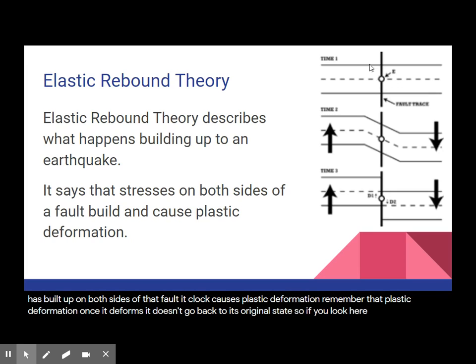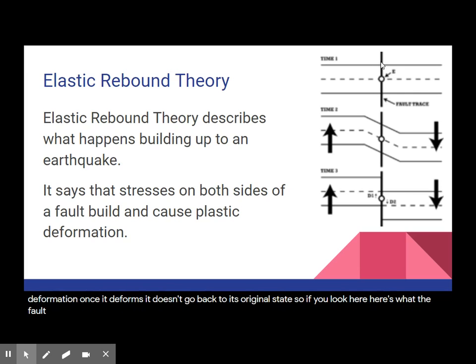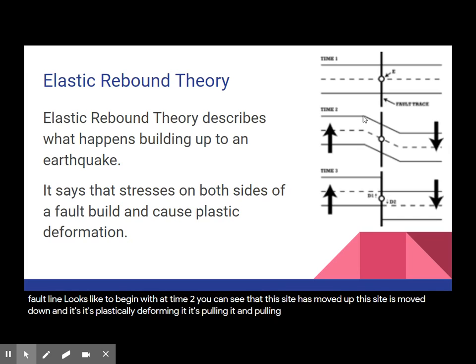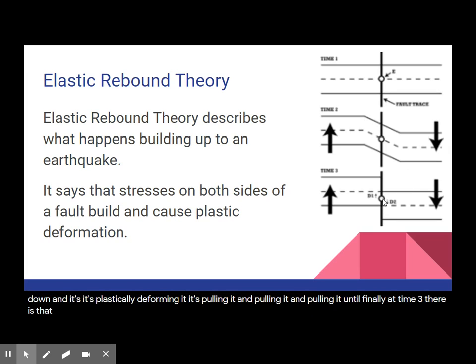So if you look here, here's what the fault line looks like to begin with. At time 2, you can see that this side has moved up, this side has moved down, and it's plastically deforming. It's pulling and pulling and pulling until finally at time 3, there is that break.